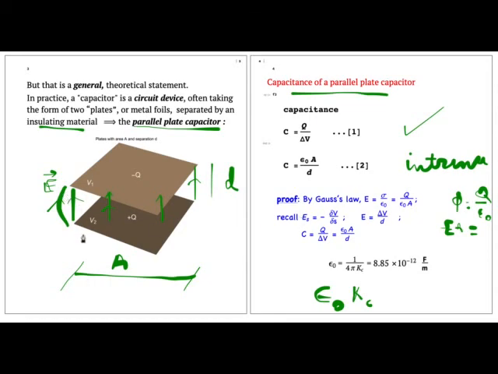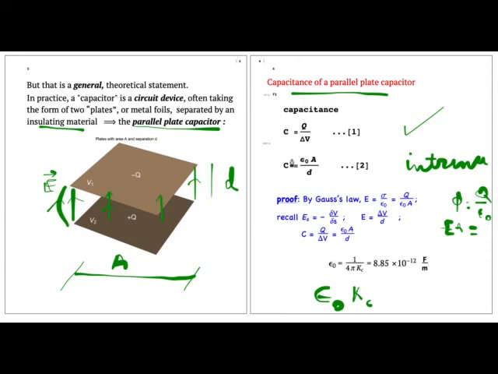So in this case, the electric field is the change in potential, that's delta V by definition, divided by the distance between the plates, which is D. So from the relation between electric field and electric potential, E is delta V over D.